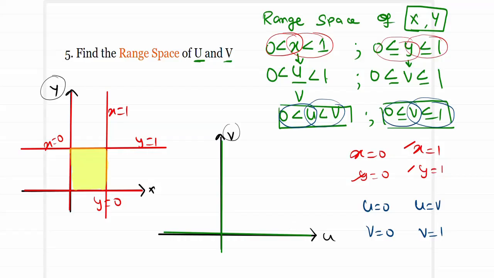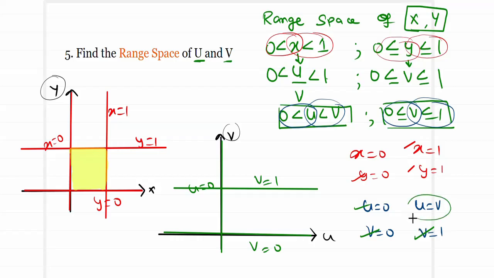So I have fixed my two lines, u equal to 0 and v equal to 0. How will v equal to 1 look? v equal to 1 will be a line parallel to v equal to 0. Let me draw this line at 1 unit. So this is my line v equal to 1.